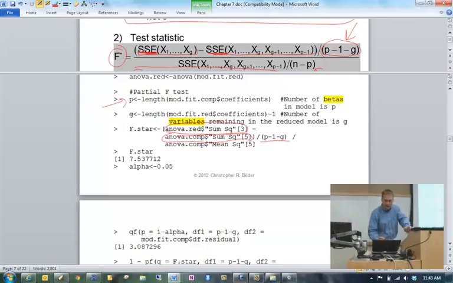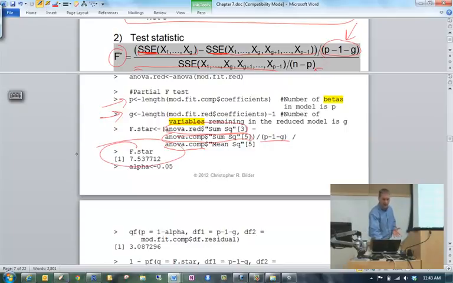So how can I find that? Take the length again of mod.fit.red$coefficients and subtract off 1 because we don't need to count the intercept. Then I can go back to anova.comp and pull out the mean square in a very similar way as I did the sums of squares, and so I get my MSE.